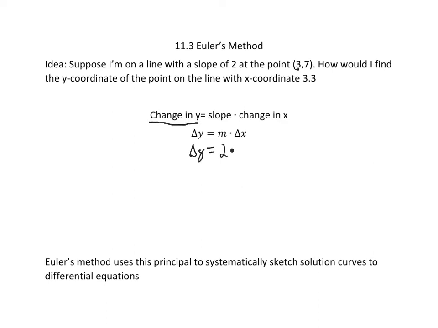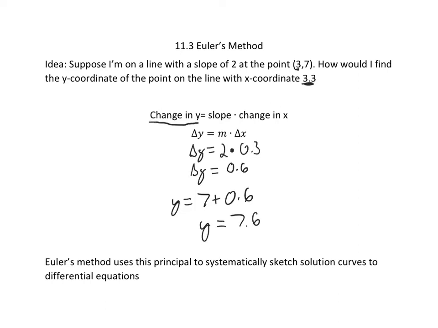Well, I'm going from 3 to 3.3, so I'm increasing x by 0.3. So I'm going to expect the change in y to be 0.6. If y was 7, the new y is going to be 7 plus the change, 0.6. The new y is going to be 7.6.